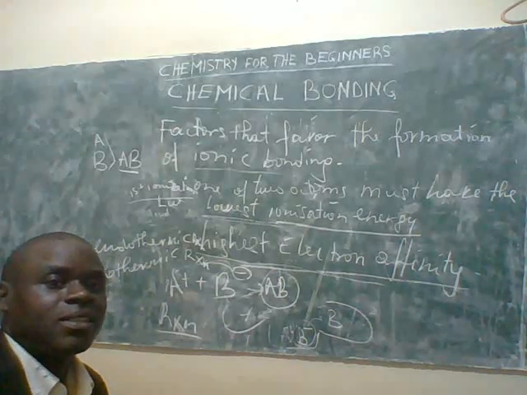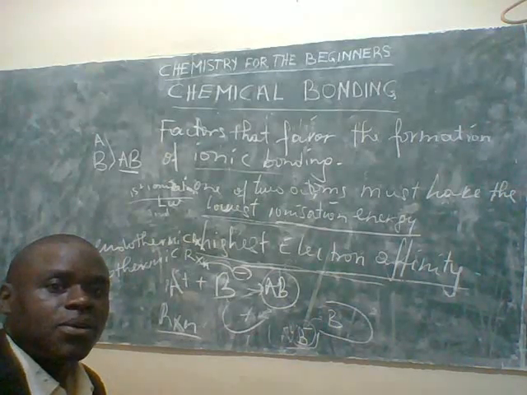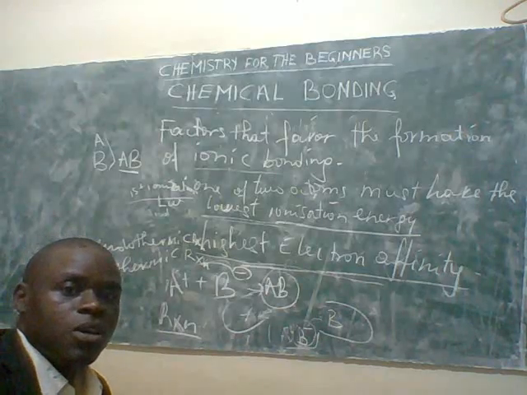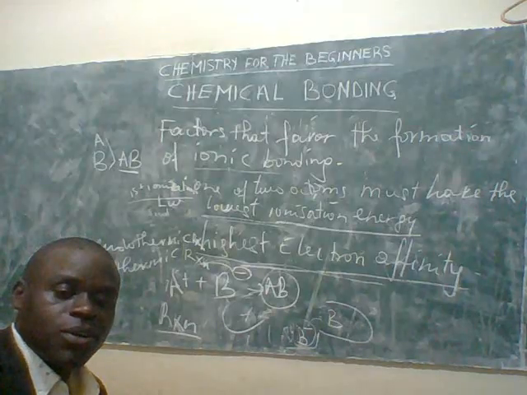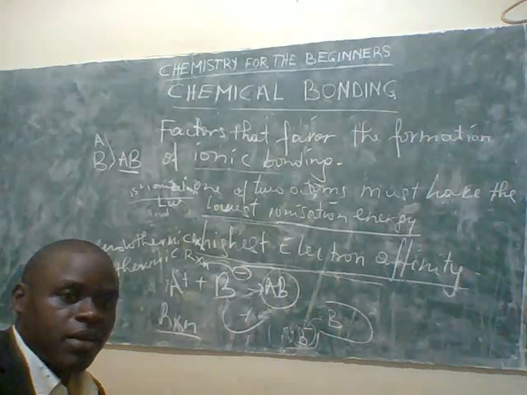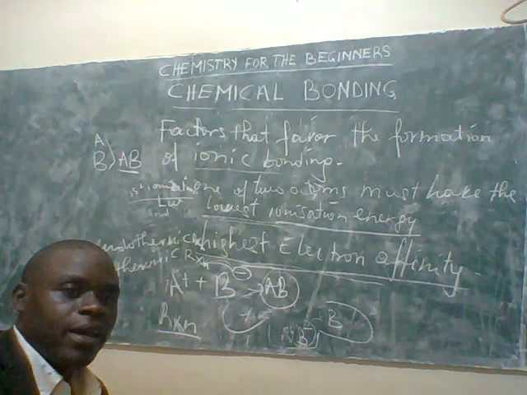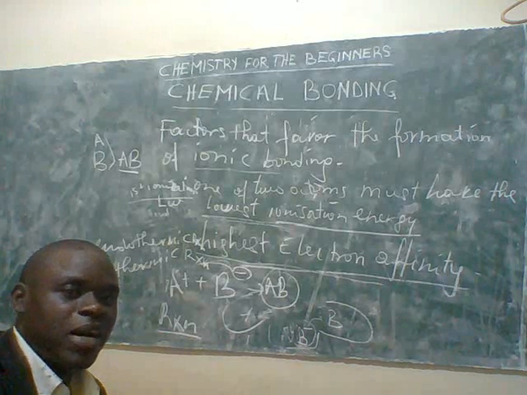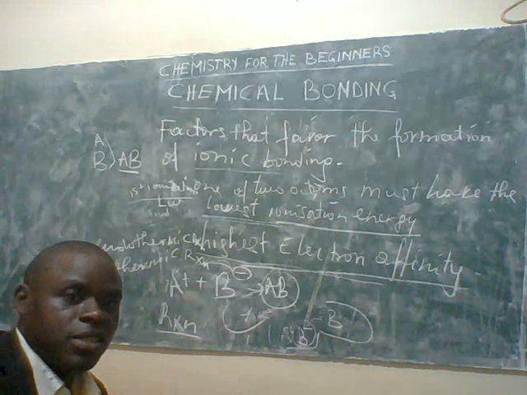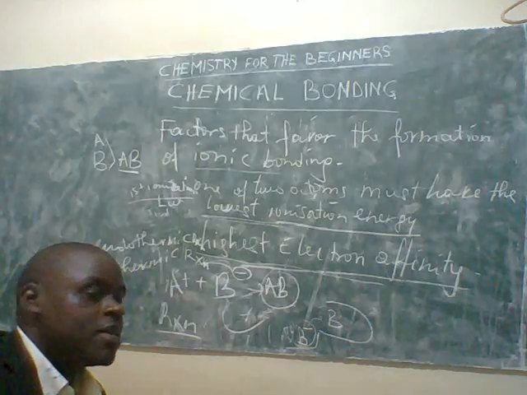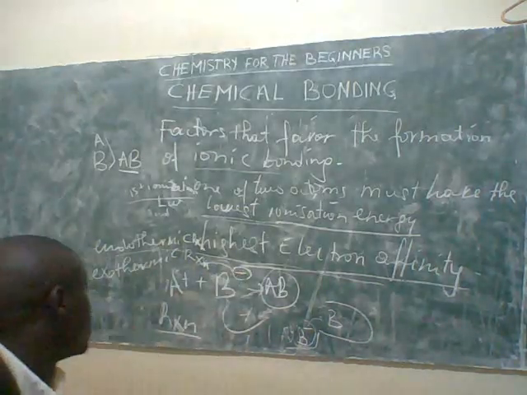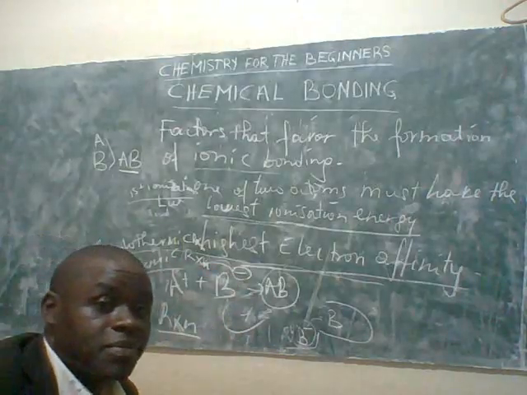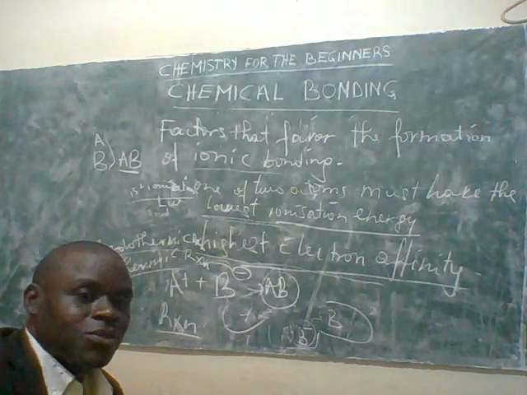There is no heat, there is no coldness, and so on. But if you are mixing two substances and you touch the container, like a beaker, and you feel it becoming cold or reducing the temperature, it means it is an endothermic reaction. If it is an exothermic reaction, you will feel heat.